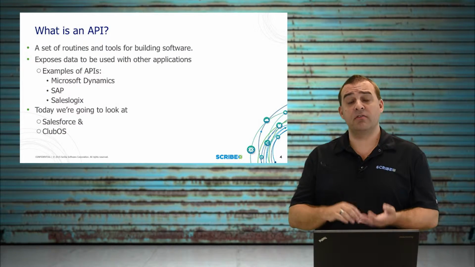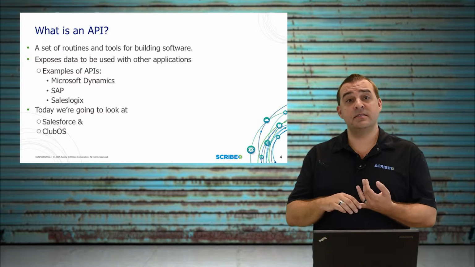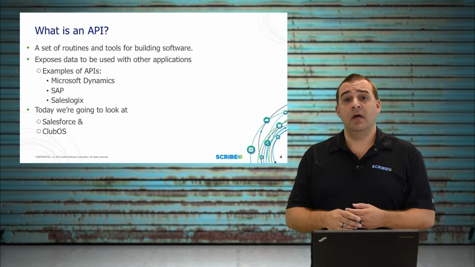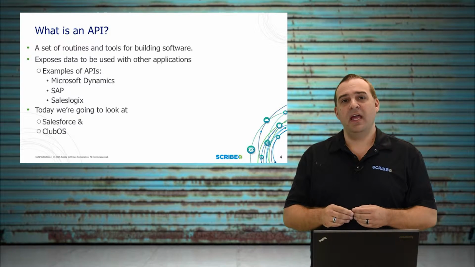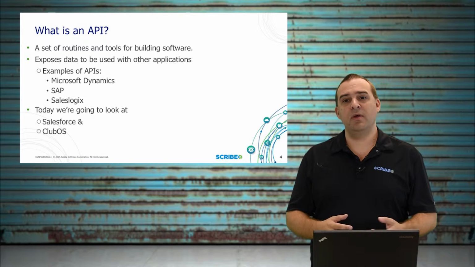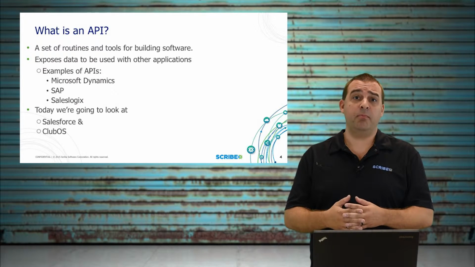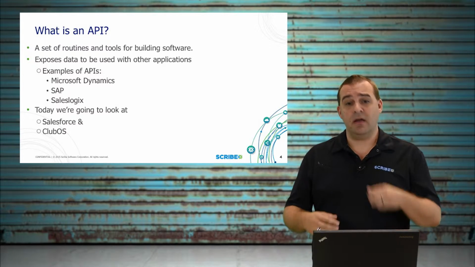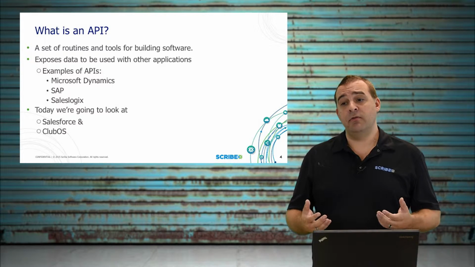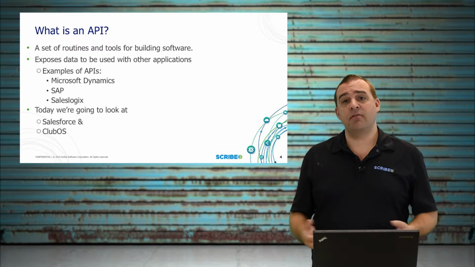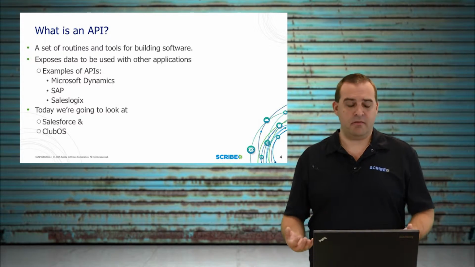So we're going to take a look at a couple of these today, and we're going to start with Salesforce, which most of us are familiar with, and compare and contrast that with another API for a product called ClubOS. ClubOS is an applicant tracking system for health centers.